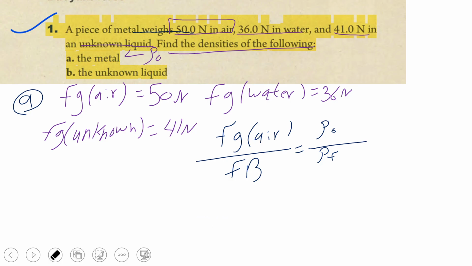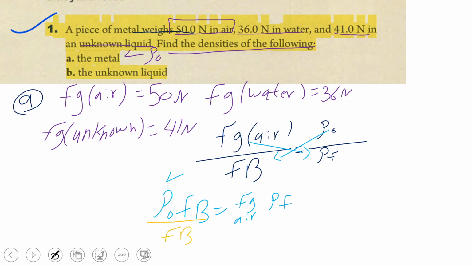Multiply now: density of the object times Fb equals Fg in air times rho F. We want to find the density of the object, right? So divide both sides by the buoyant force. The buoyant force is going to be cancelled.